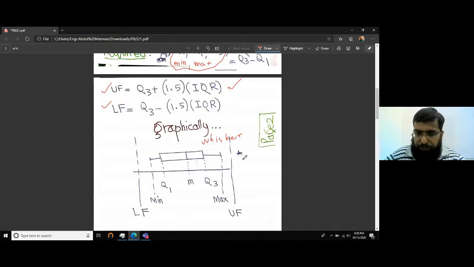And what would that asterisk mean? That means an outlier. Therefore, it is marked as an asterisk. This is an outlier.